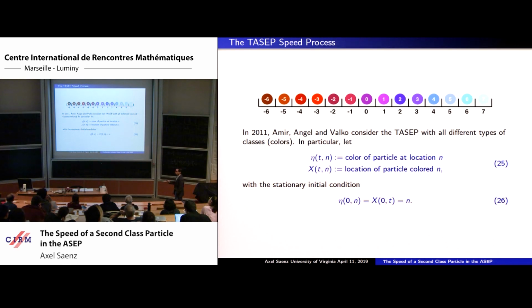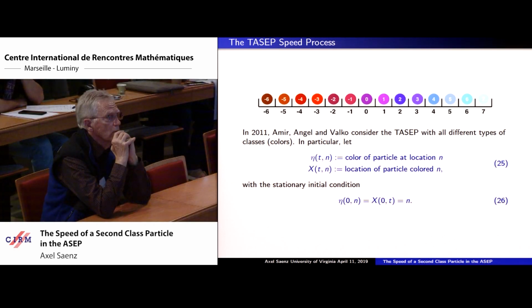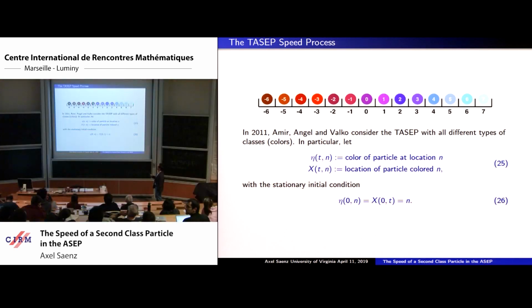Instead of just looking at two types of particles, they introduce a model where all particles are colored differently. Here I change notation slightly, and the smaller particles have the hierarchy that this one can overtake this one, and this one can overtake this one, but each particle is colored differently.